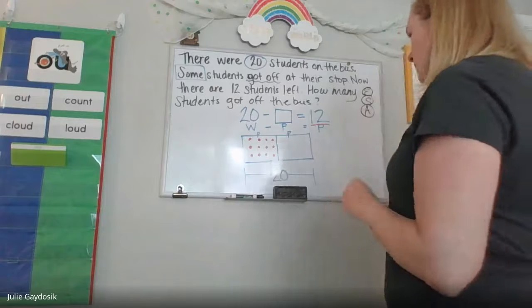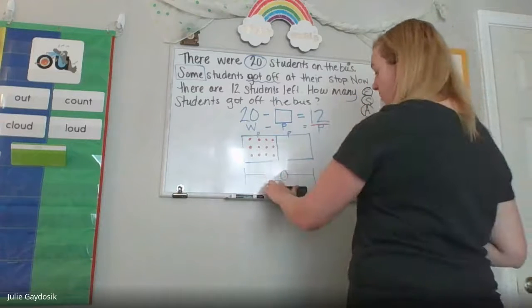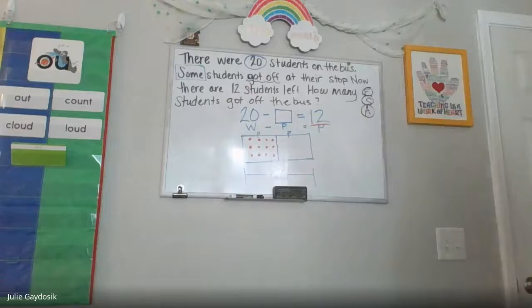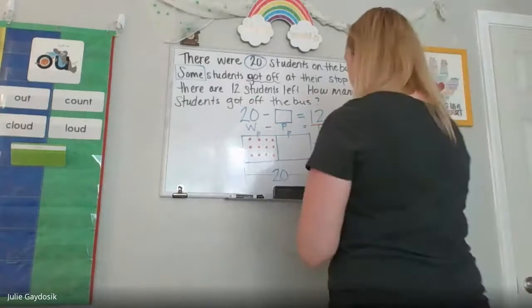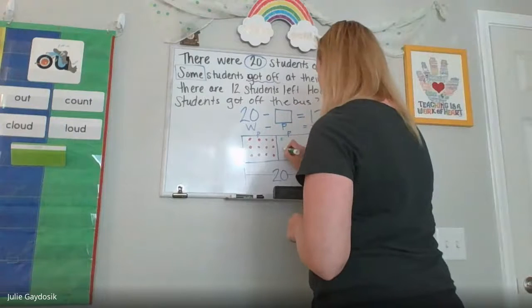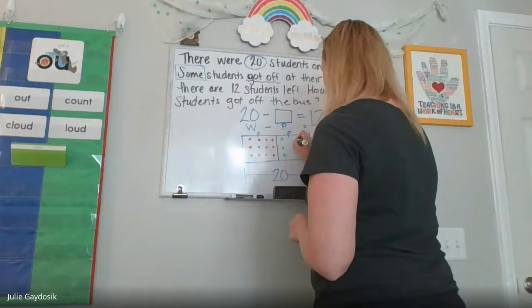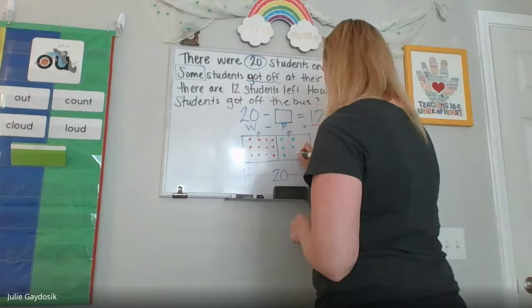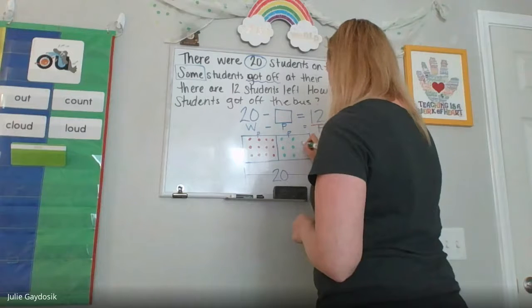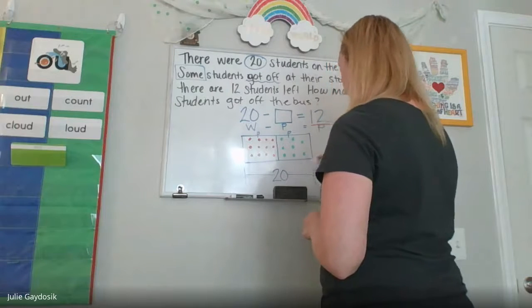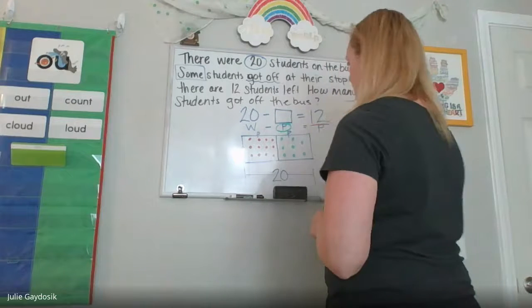I'm going to put 12 in my head to see where I can get to 20. So if I put 12 in my head, 13, 14, 15, 16, 17, 18, 19, 20. Now this is my missing part, okay?